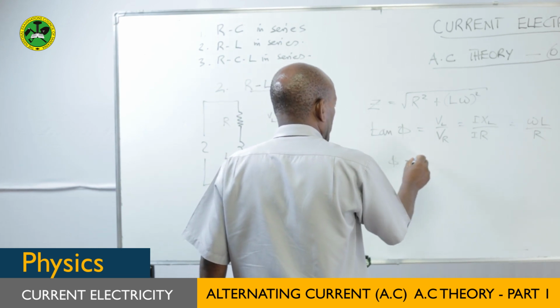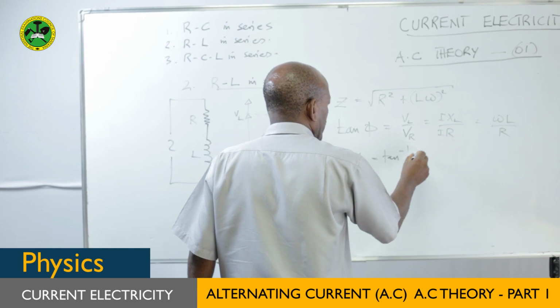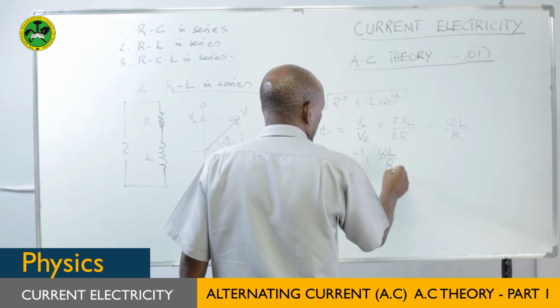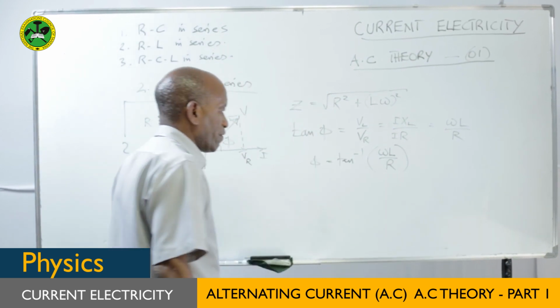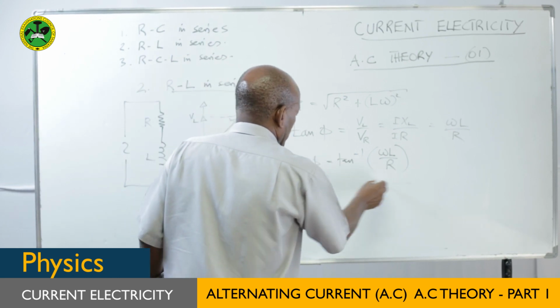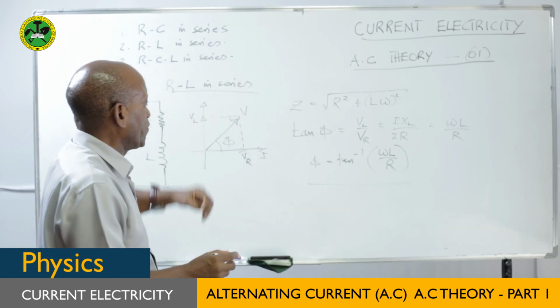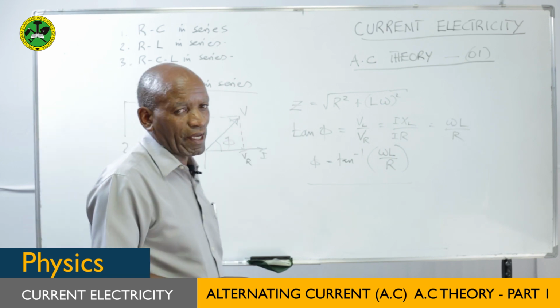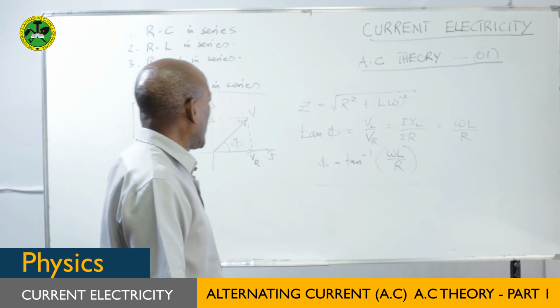So phi will be equal to the tan inverse of omega L over R. So here you will get the angle at which the applied voltage V acts.